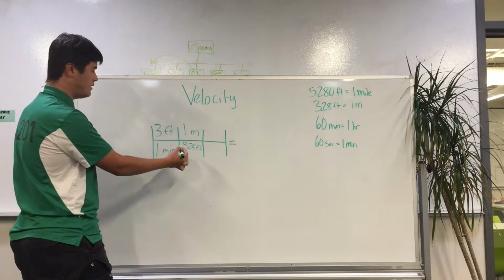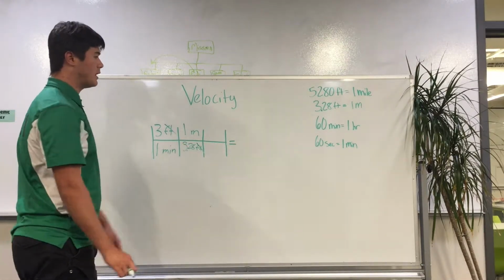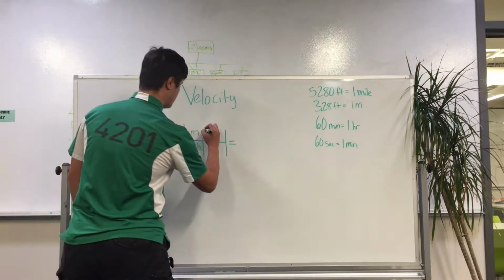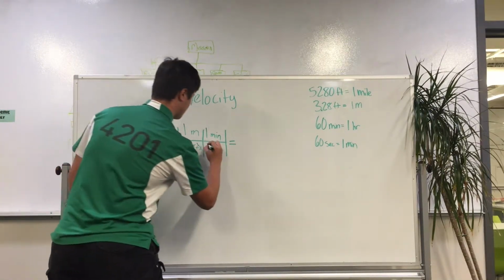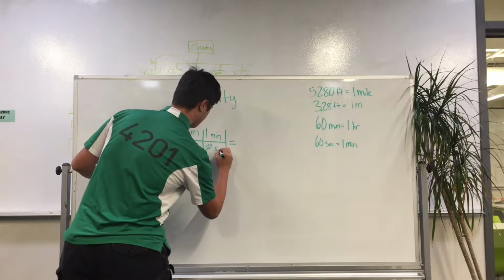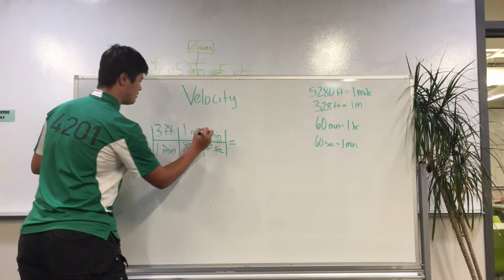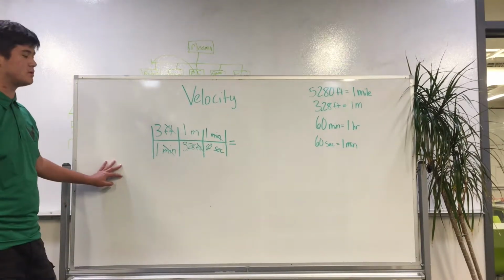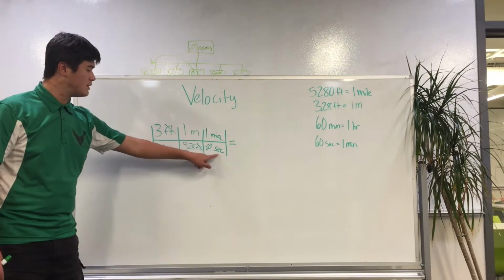And since we have feet across from each other, we can go ahead and cancel out those units. And we also know that one minute is 60 seconds. So what you can do here is cross out minutes, so we cancel out those units. And now you can see all we're left here is meters and seconds.